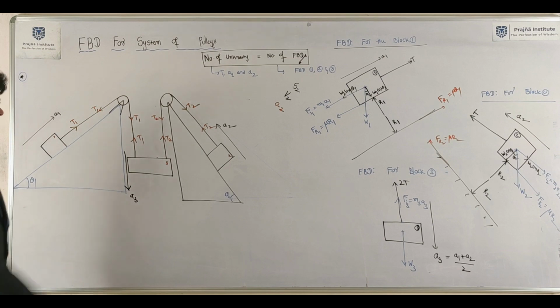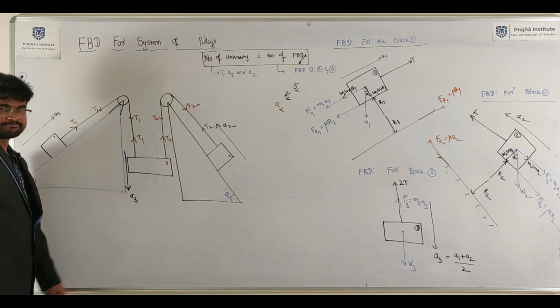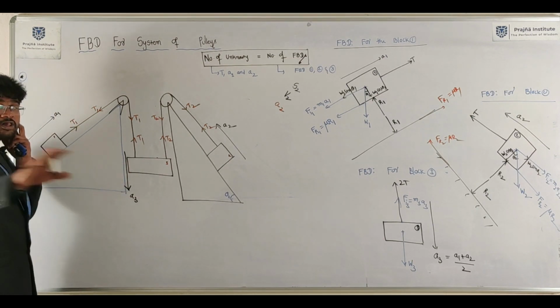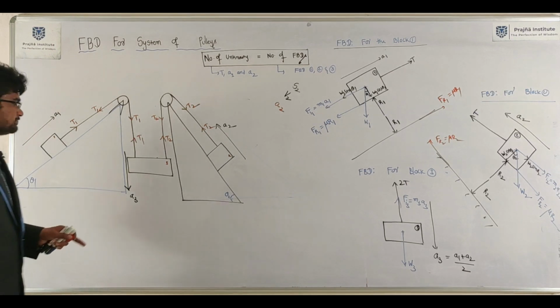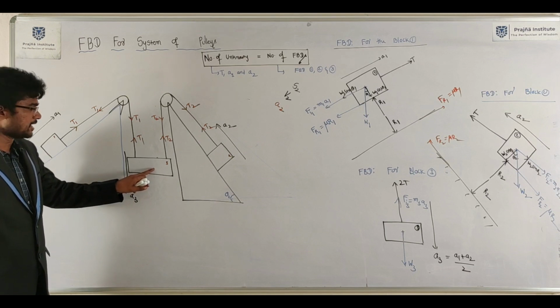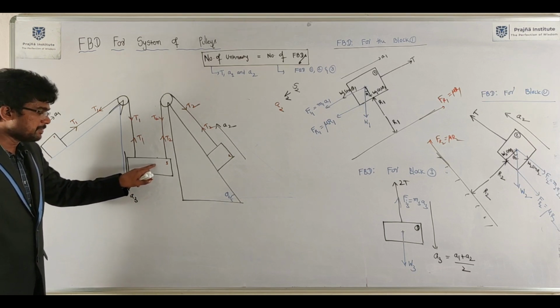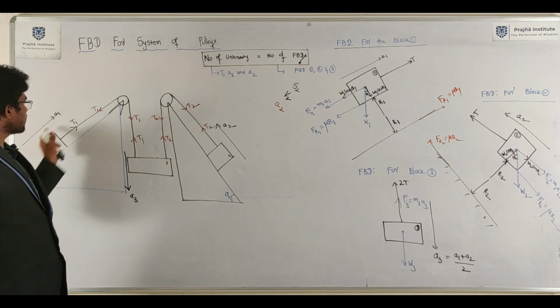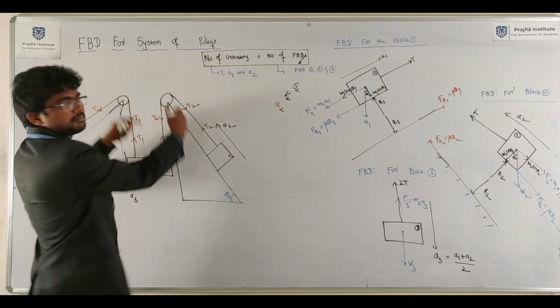Here one more thing: if I pull in the downward direction, the distance moved by all the blocks will be the same. Right now, if I pull downward, the distance moved by block 3 is 5 meters downward. The same 5 meters will come like this, the same 5 meters will come like this.